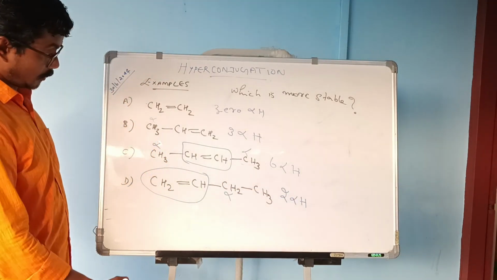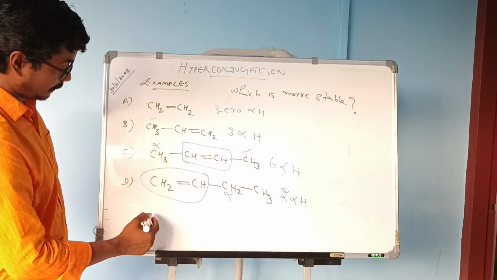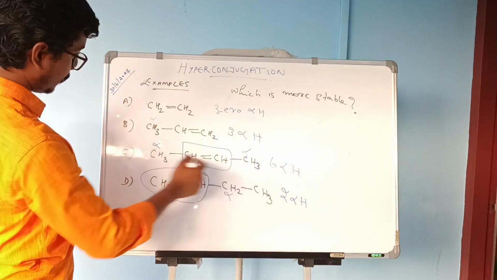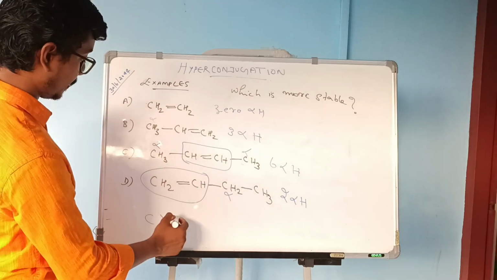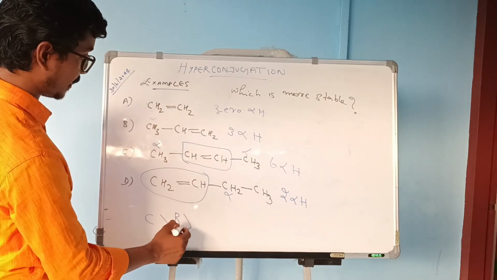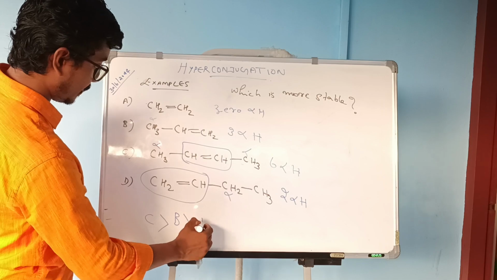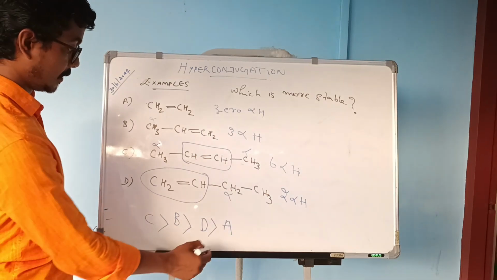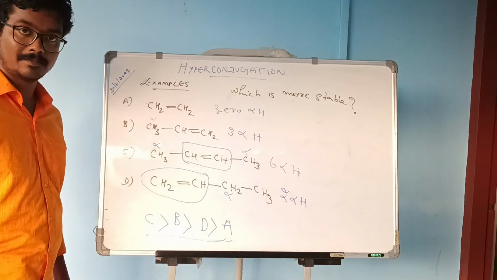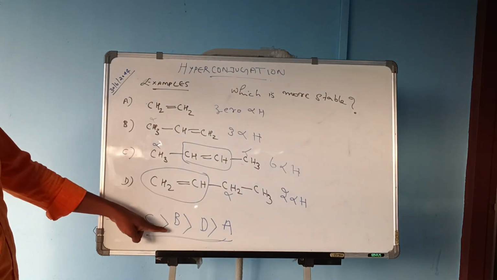So the order of stability will be C greater than B greater than D greater than A. This is the order of stability.